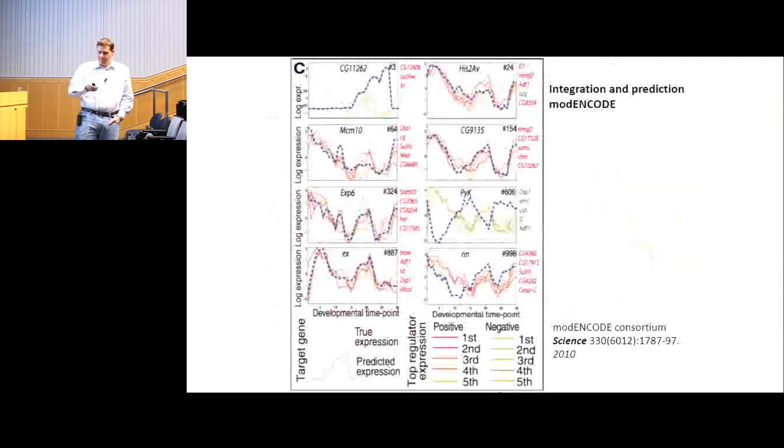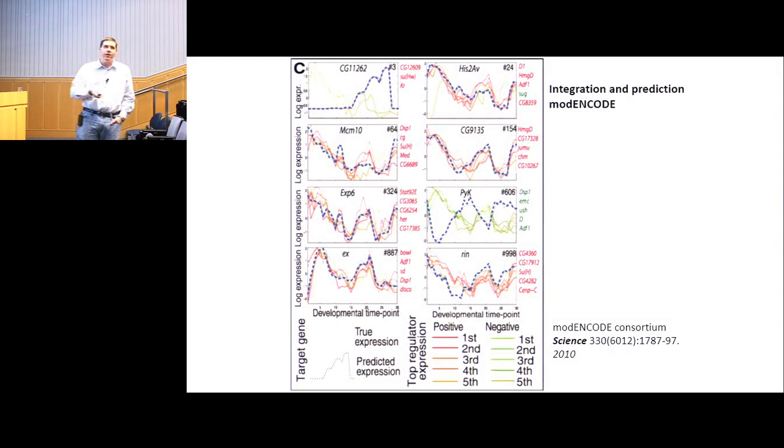We've gotten fairly good in this model system at figuring out precisely which transcription factors over development might be explaining the regulation of specific genes. The theoretical predicted is the dotted line here, and the actual observed is the solid line.